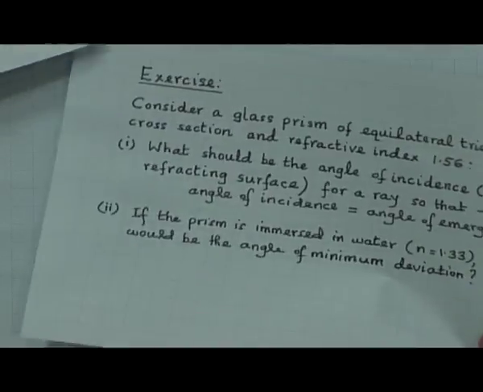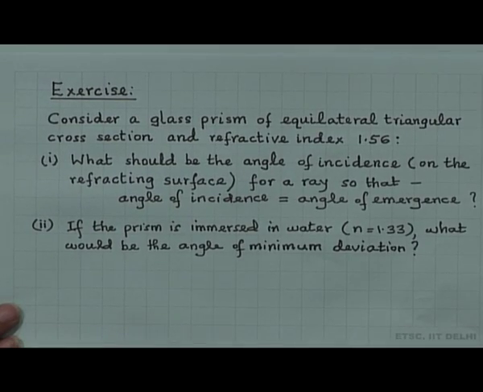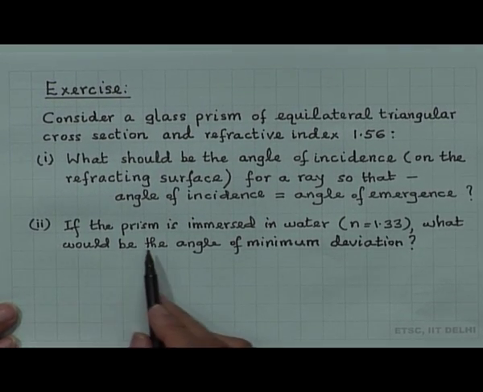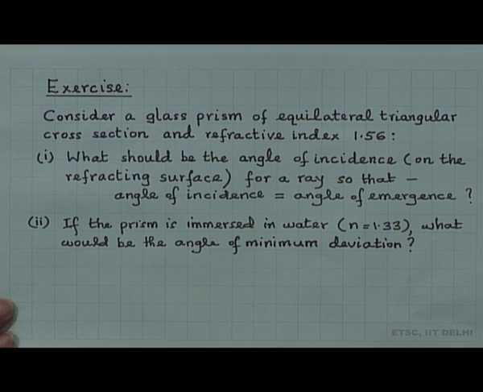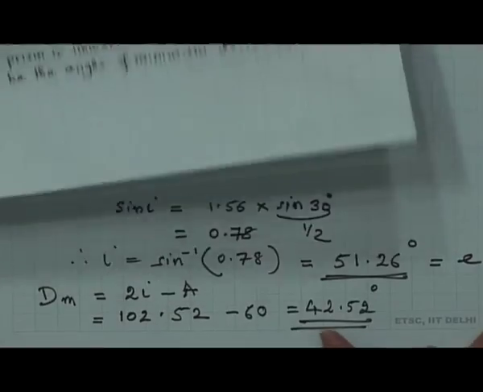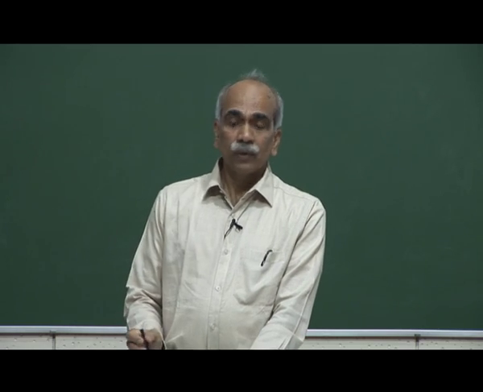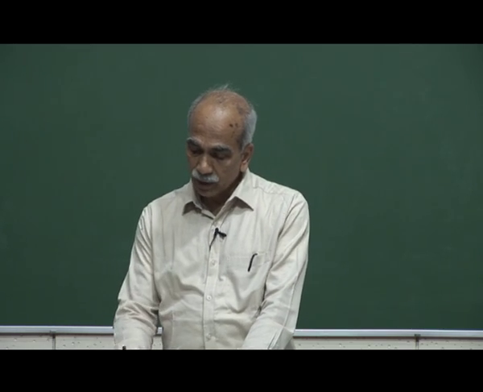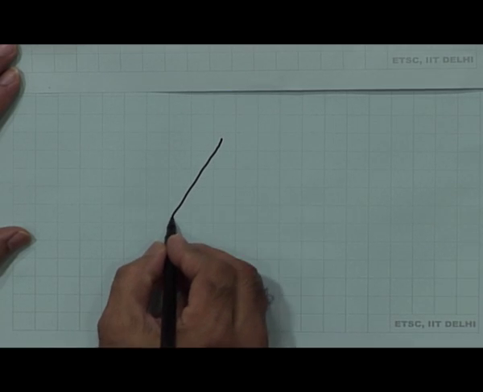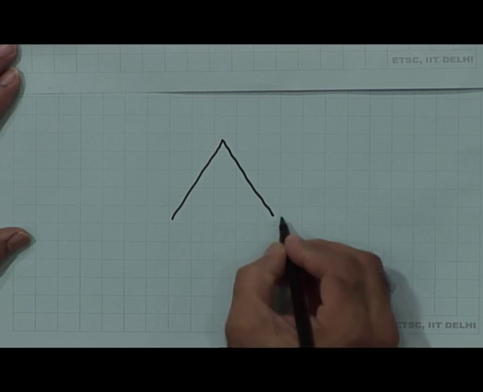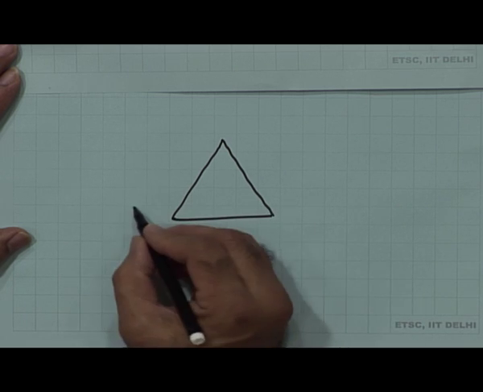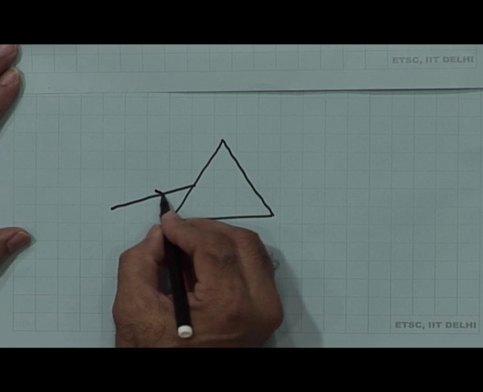In the question we have the angle of minimum deviation for the second part. If the prism is immersed in water, what would be the angle of minimum deviation? So, how can we work it out? Exactly like that, it is the same prism. So, we can again draw the prism, but this time the outside medium is different.